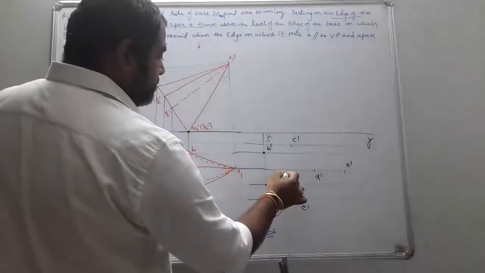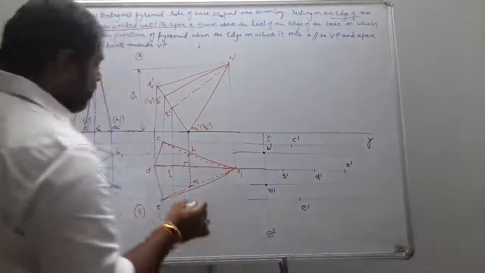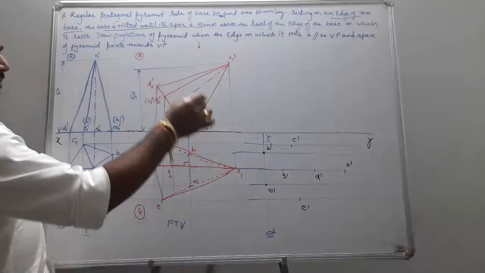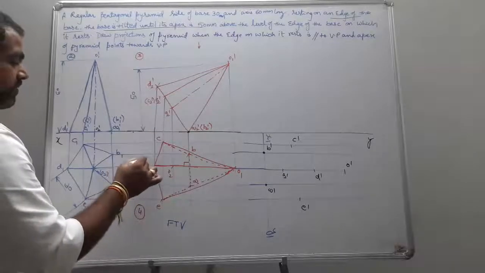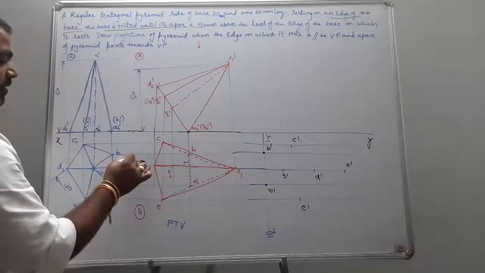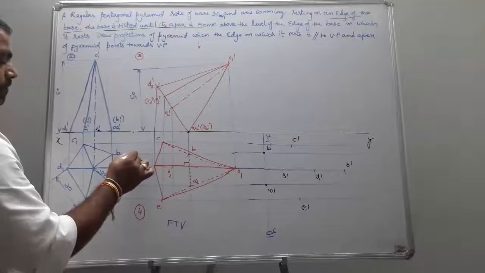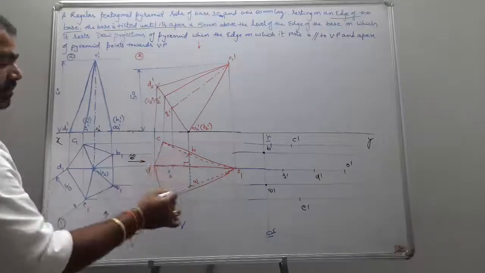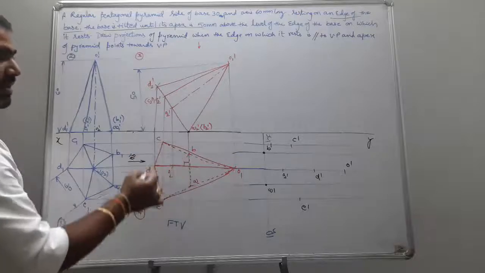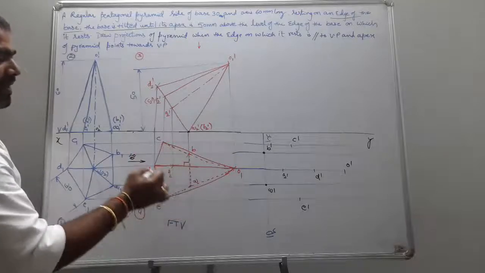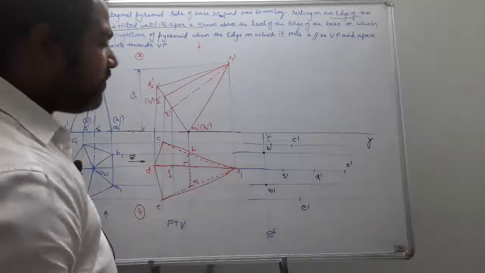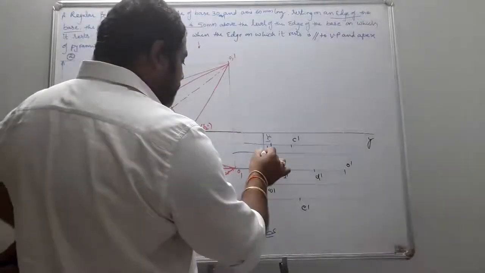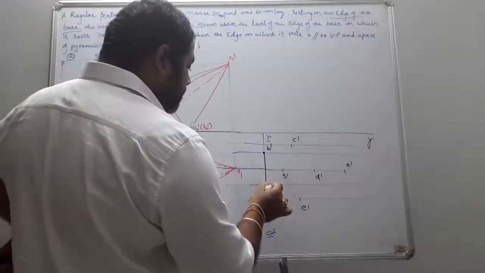Now, when the observer is perpendicular to the new reference line X1, Y1, he is able to see the complete base. So for that, I join all my points by solid lines.